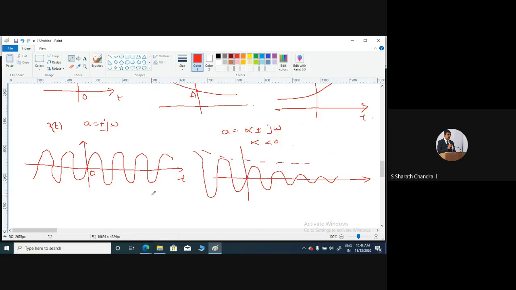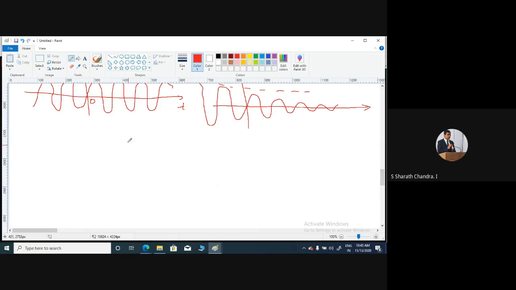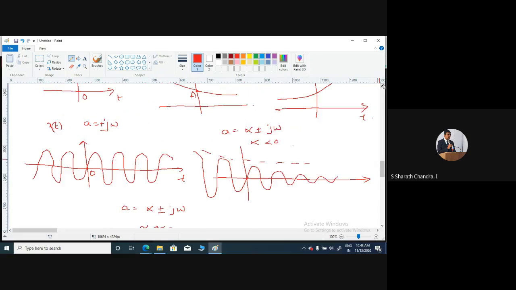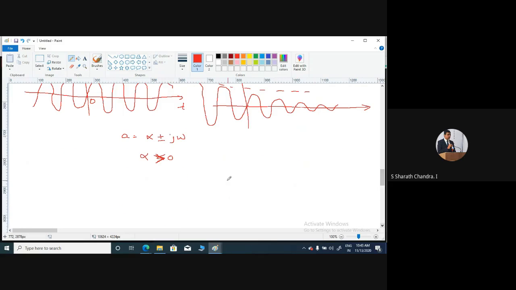And finally, we also consider one more case when a is a complex number represented as alpha plus or minus j omega, but here alpha is greater than 0, because we have already considered the previous case where alpha is less than 0.